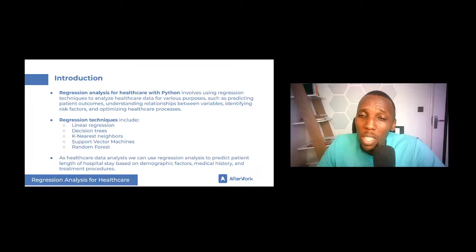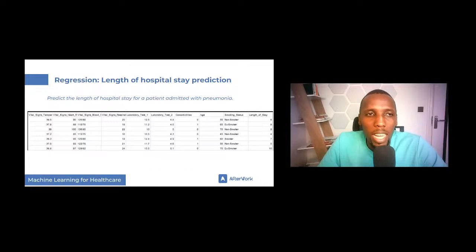For example, assuming that we want to create a model to predict hospital stay for new patients, we could use this sample data set that has vital signs: temperature, heart rate, blood pressure, etc. We could use this data set to predict the length of stay column, which is on the far right. The length of stay column is numerical, continuous in nature.